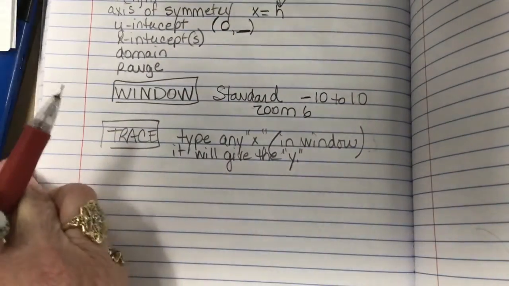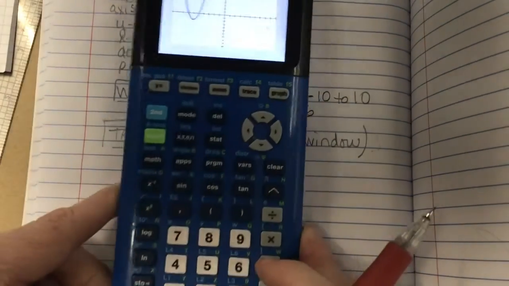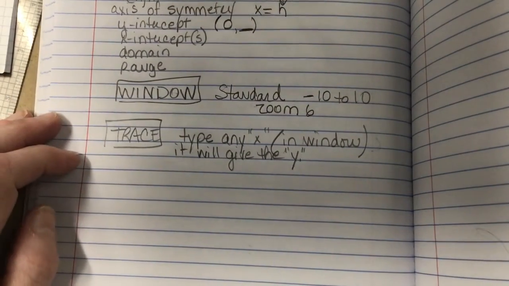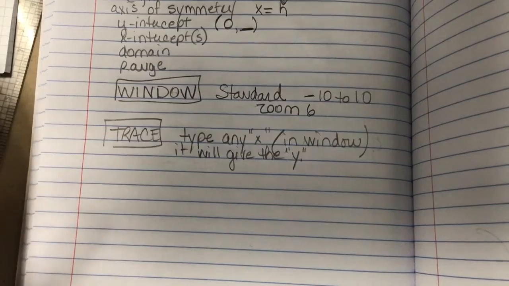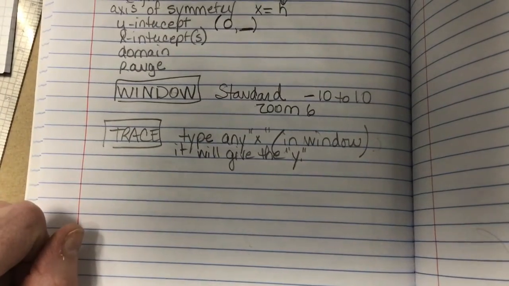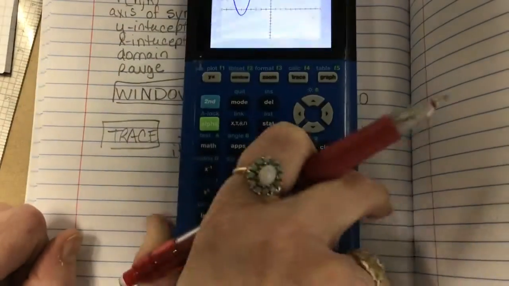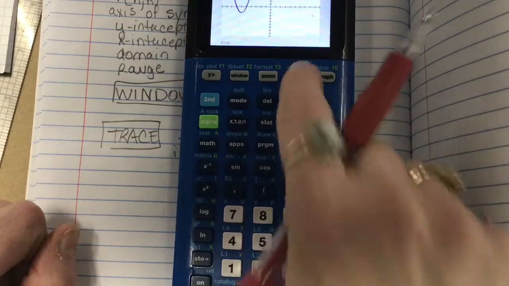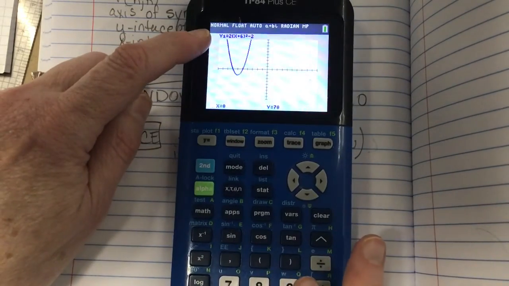Okay. Now, here's the ultimate thing I really like. When you hit trace, we're spending more time on this first one. The second one, the third one will go a little bit quicker. When you hit trace, and I don't know any reason it doesn't, it will start on the y-intercept. So hit your trace key. There's your equation.